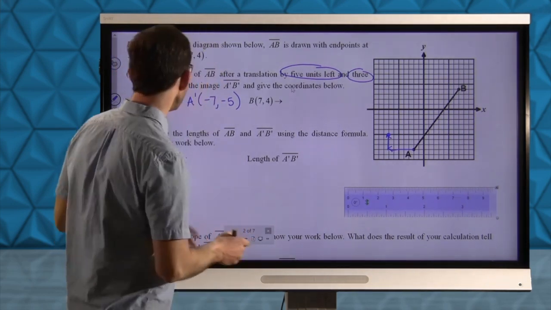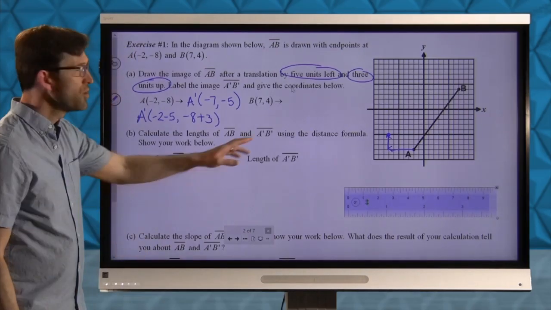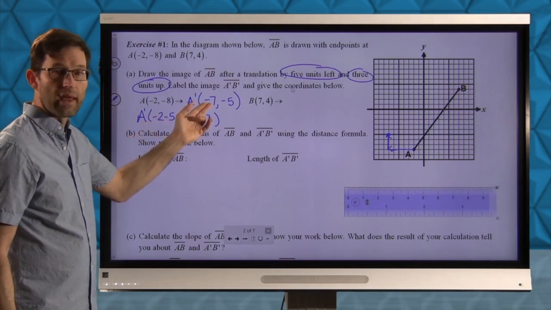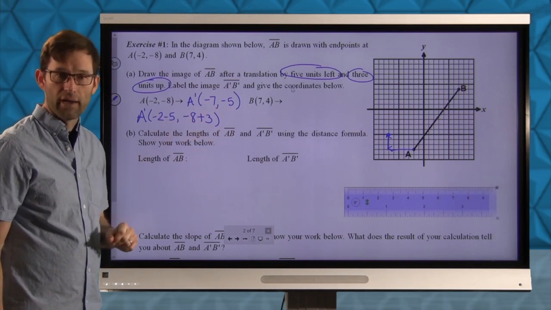Shifting 5 units left means I subtract 5 from the x-coordinate of A. Shifting 3 units up means I add 3 to the y-coordinate. So I subtract 5 from -2 and get -7, and add 3 to -8 and get -5.